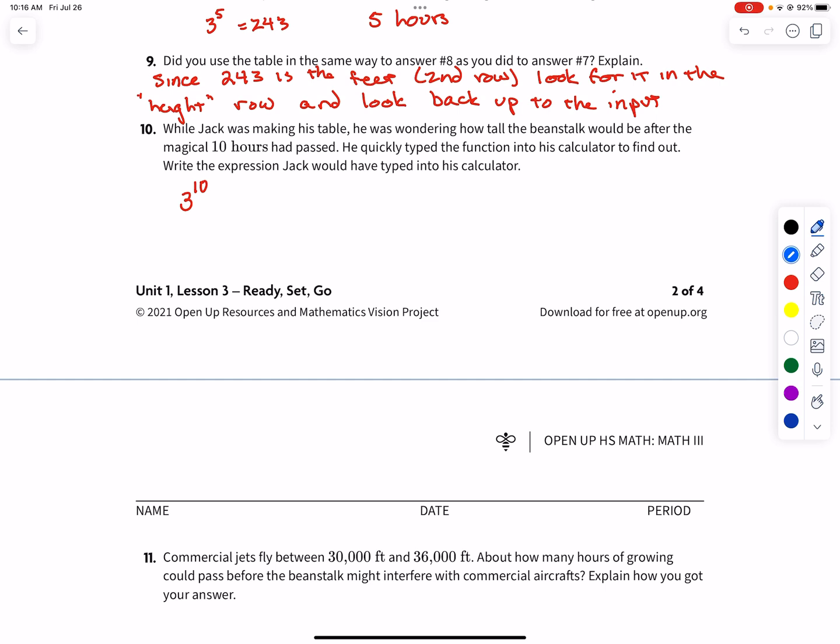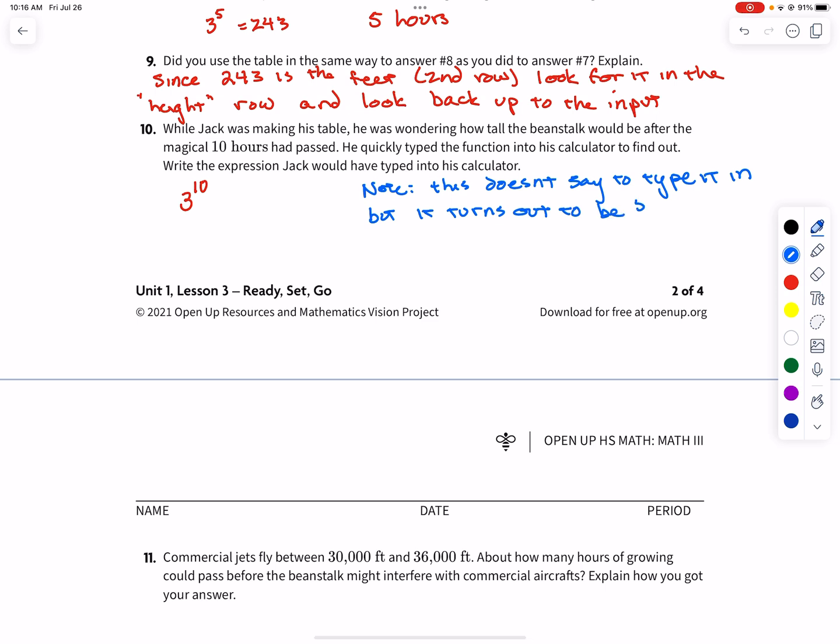It just says write the expression you would type into your calculator. Little fun fact here.